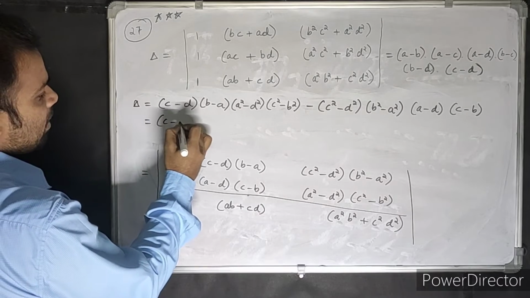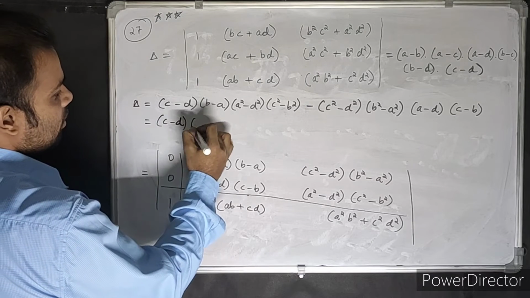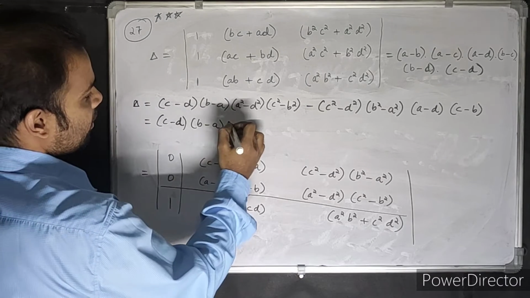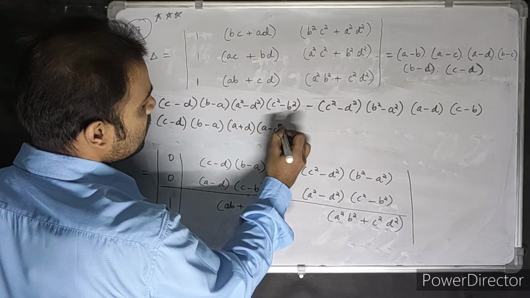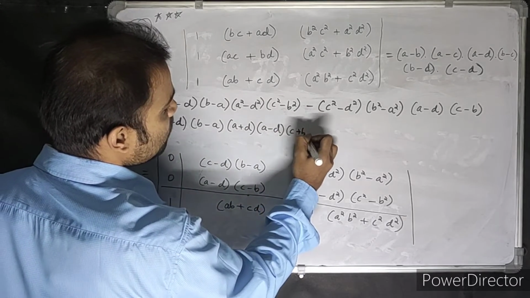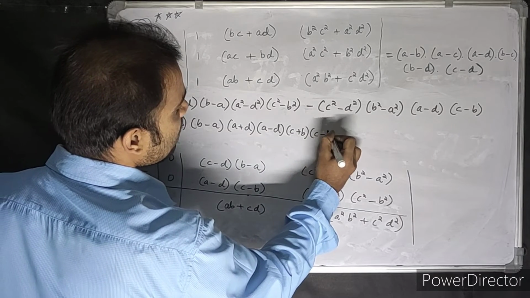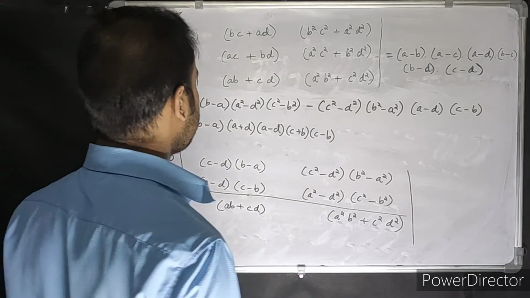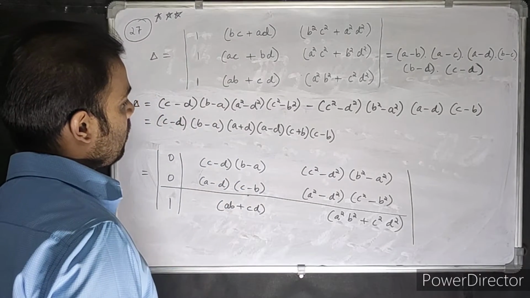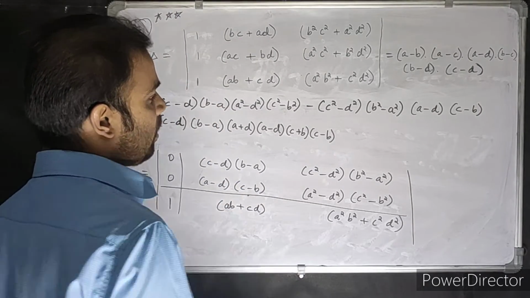So this is c minus d. Okay, this is b minus a. This is a plus d and a minus d. This is c plus b and c minus b. Okay, then what are we getting as common?